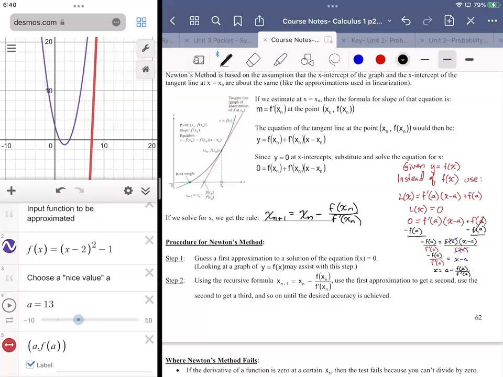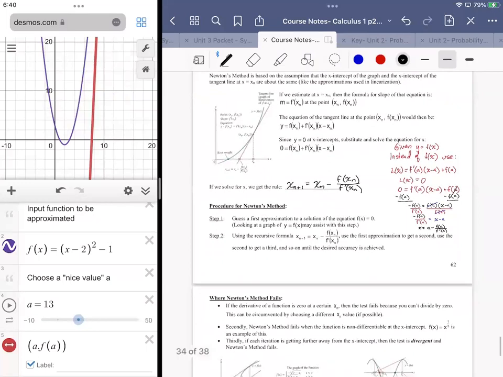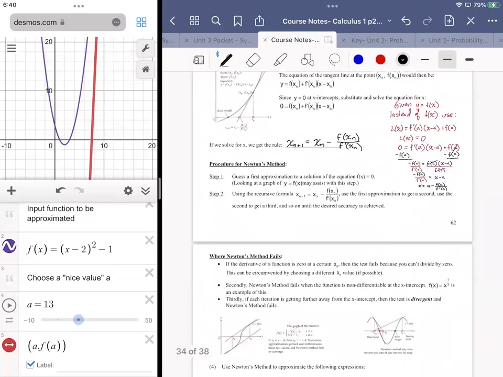You'll learn more about it in Calc 2, like recursive models and sequences and things of that nature. But what it's telling us that we can do is take a value, plug it in for x, simplify, get an answer, and then take that answer and plug it back in for x and do it again. All right. So there are instances in which Newton's method fails, but I'll get to that in a couple of minutes.